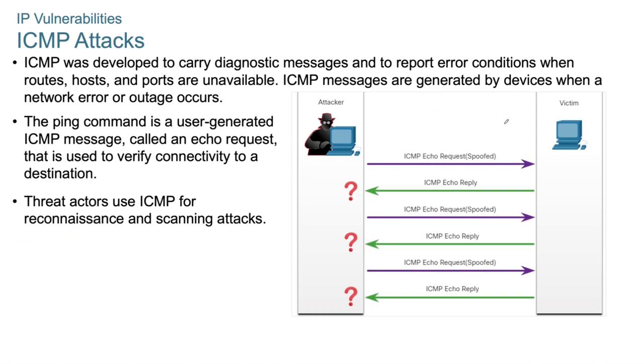And the ICMP mask reply is used to map the internal IP network, and the ICMP redirect packets are used to lure a target host into sending all traffic through a compromised device and create a man-in-the-middle attack.